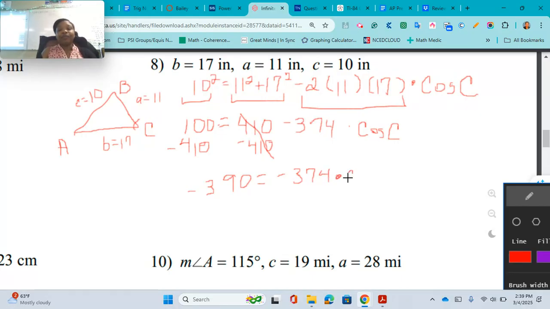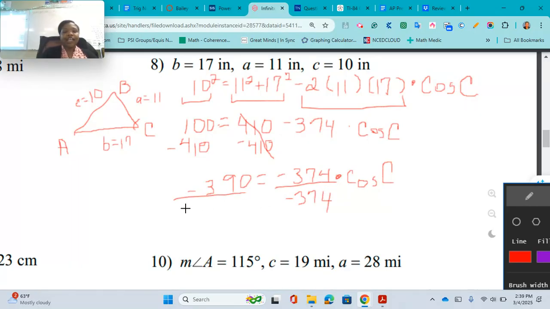Second to last step. The negative 374 is doing what to the cosine C? It's multiplying, so we need to do what? Divide by the negative 374. What we do to one side, we do to the other.